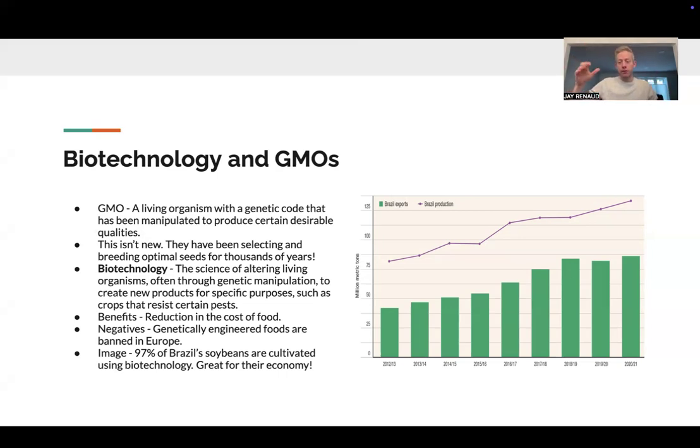We can produce way more food, but it comes with negative environmental costs like increased machine usage, increased water usage, increased chemical usage. But it comes with some economic benefits for countries as well, like Brazil, 97% of their soybeans use biotech, which is great for their economy.